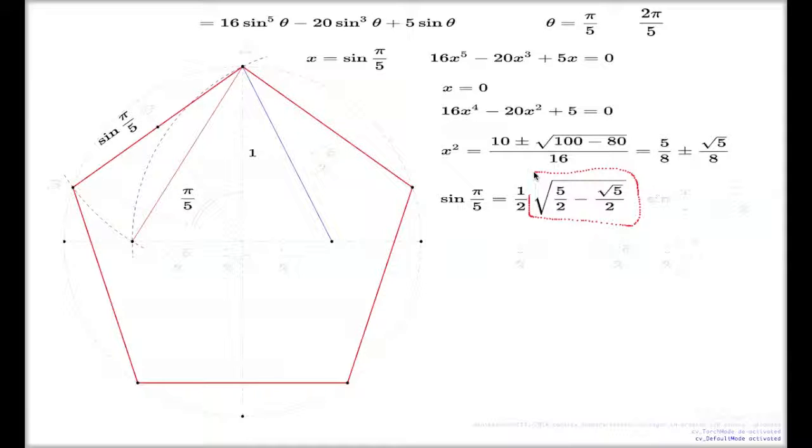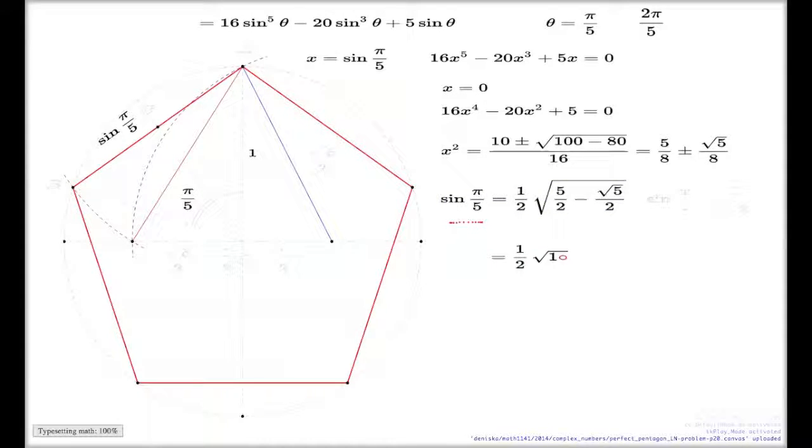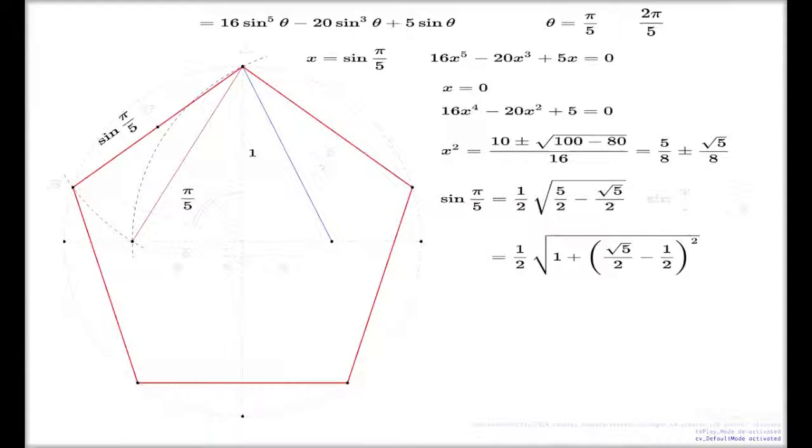Now I'm going to alter this expression a little bit. I'm going to make it a little bit larger. You may not like it, but you will see the reason for that in a second. Look what I'm going to do. I'll keep the 1/2 in front, nothing wrong with that. But under the square root, I will alter the expression as follows. Like this. If you ask me why I did that, you will see the very clear reason in a second.